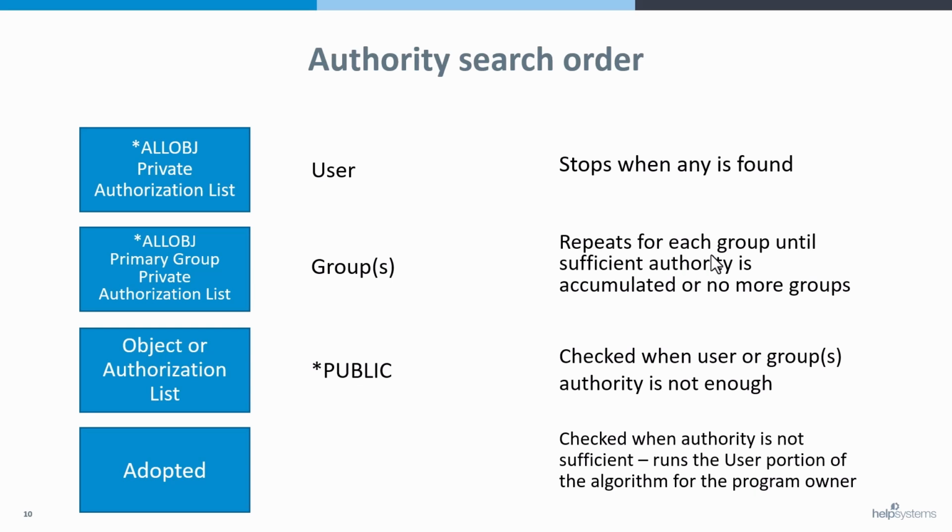So just to step you through, every time an object is accessed, the authority that's checked is the user profile's authority first, then all of the groups if there are any for the user, then public, and then the adopted authority can take effect. It's that last chance that's given to the process to try and access the objects that are required.